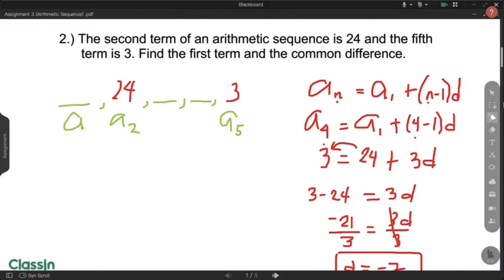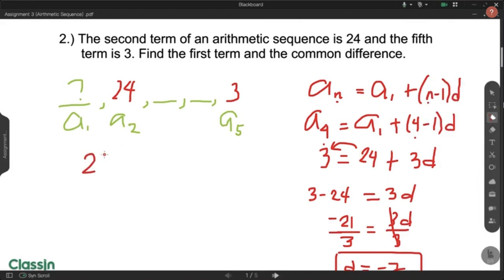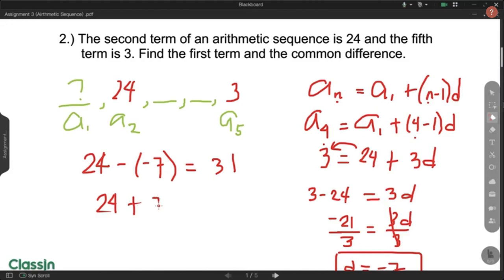To find the first term, you can simply subtract negative 7 from 24. Okay, 24 minus negative 7 is 31. Why 31? Minus negative will become plus. 24 plus 7, that's 31.